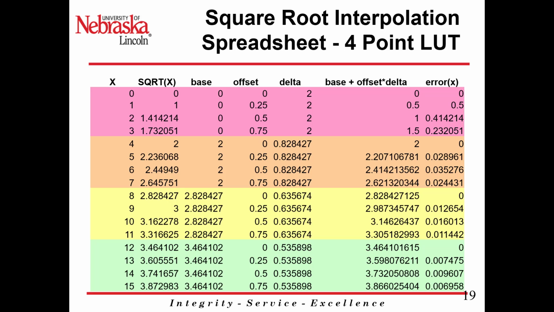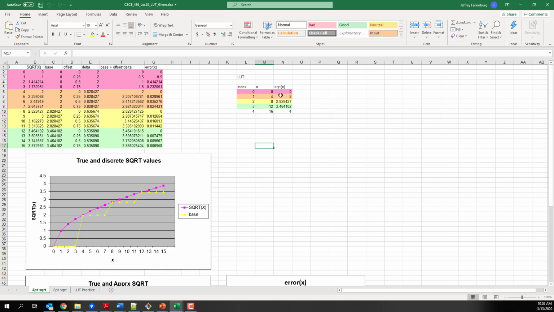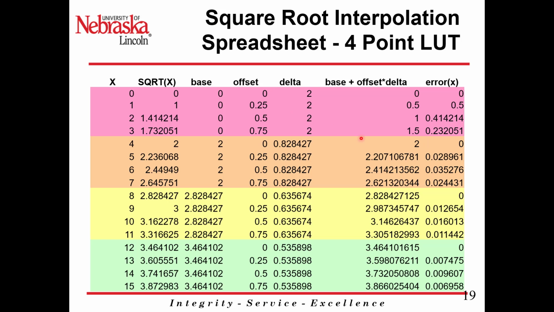So again, from the spreadsheet, these are on the left column the square root values, and I have calculated the base values based on that for the input left table. Right, so we go from 0 to 4, 4 to 8, 8 to 12, 12 to 16, and calculate those square root values.